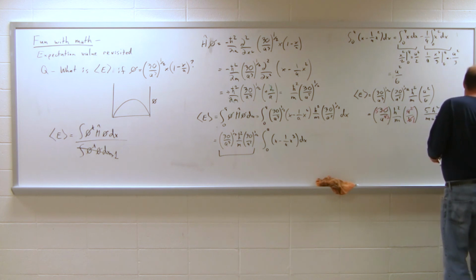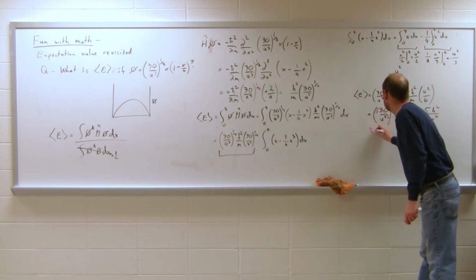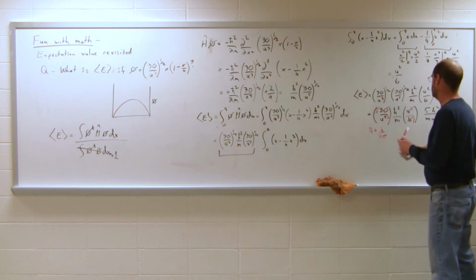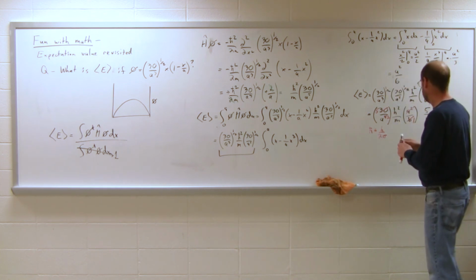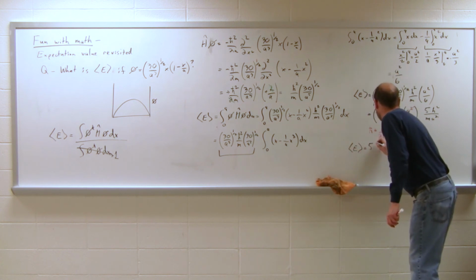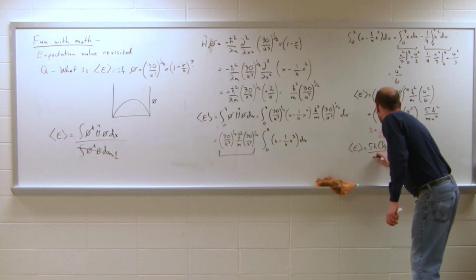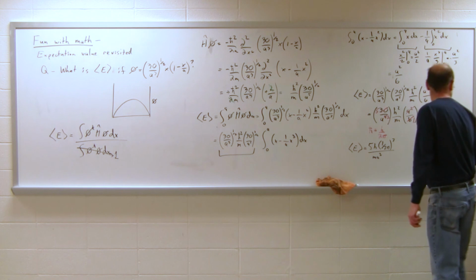Now, I need to remember that h bar is equal to h over 2 pi. So I'm going to put that in. So this expectation value of E, I'm running out of room, is equal to 5 h squared over (2 pi) squared over m a squared.